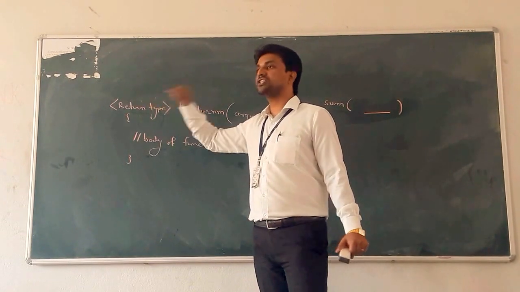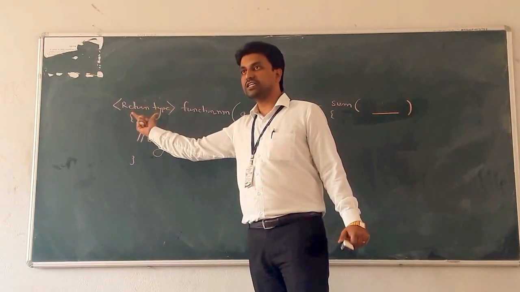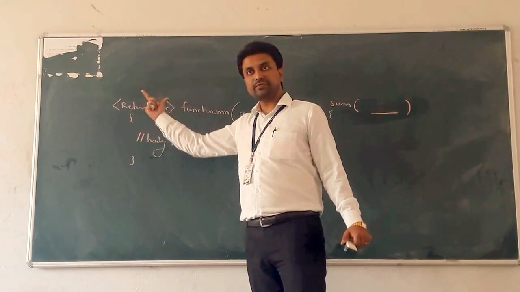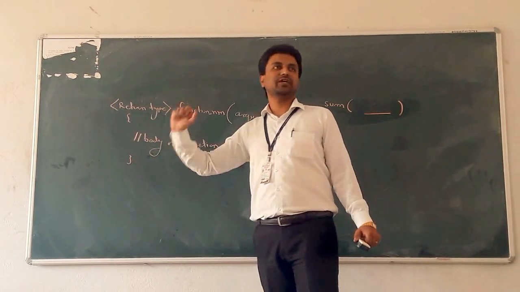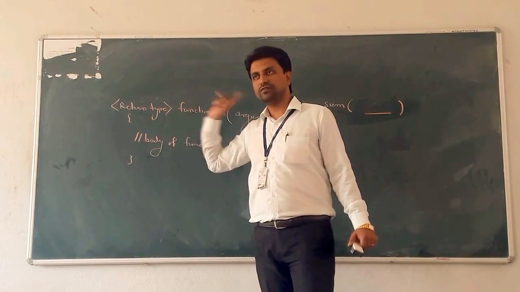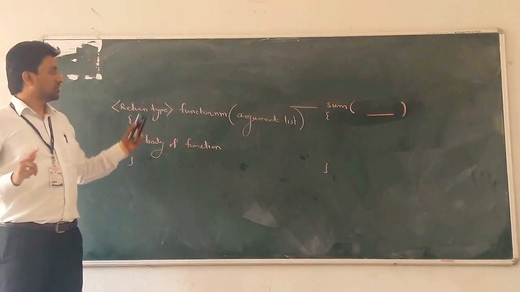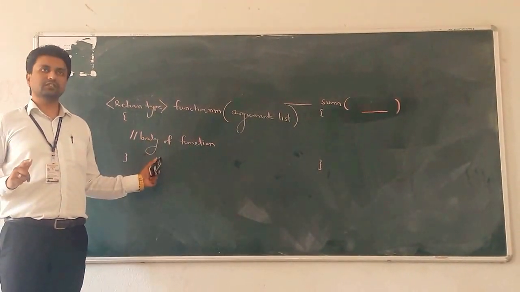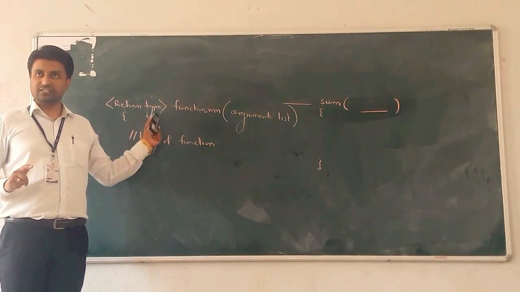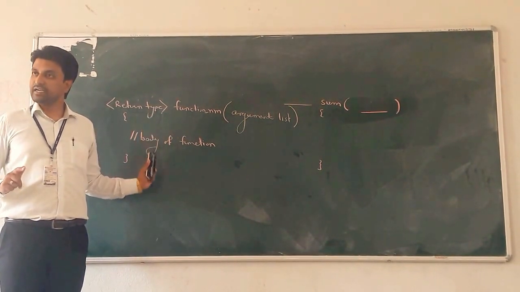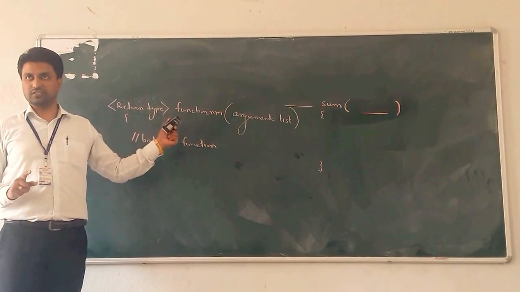And if the function does not return anything, then the return type is void, and there is no return statement present in the body of the function. Understood? Clear? So this is the general syntax for function definition. That is one part of a function.